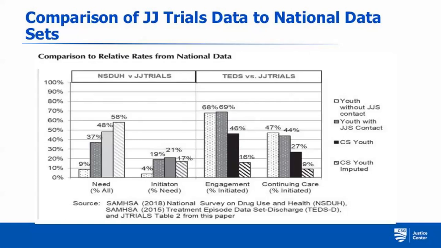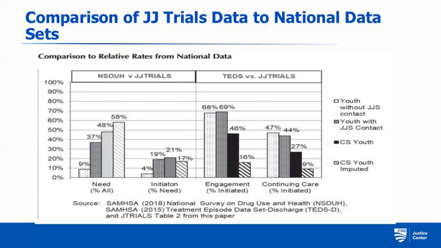So for those of you who don't know, the National Household Survey is a survey of households in the U.S. It's done in order for us to get individual level data on people's need for treatment services, their access to treatment services, and their health disorders. It's a longitudinal survey that's been going on since the 1970s.